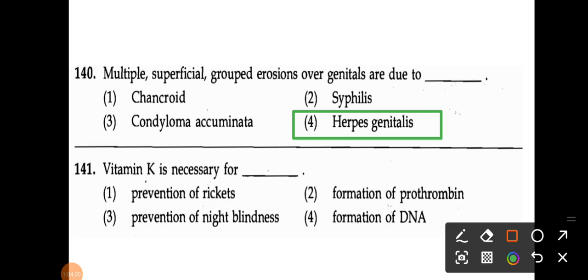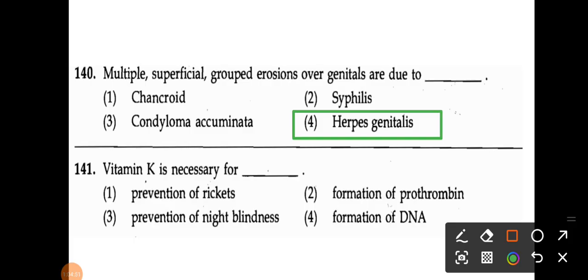Then vitamin K is necessary for. So what is vitamin K necessary for? As we know, that is for the coagulation of your blood. So what are the options? Prevention of rickets, then formation of prothrombin, prevention of night blindness, and formation of DNA. So what is option A? A is prevention of rickets. So which vitamin is important for this one?